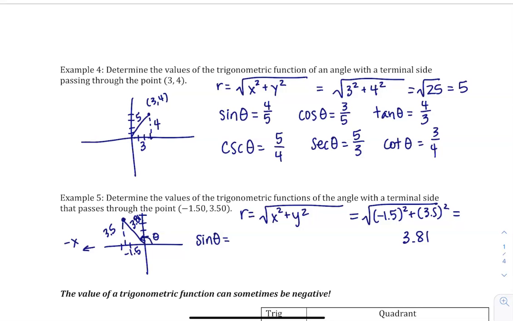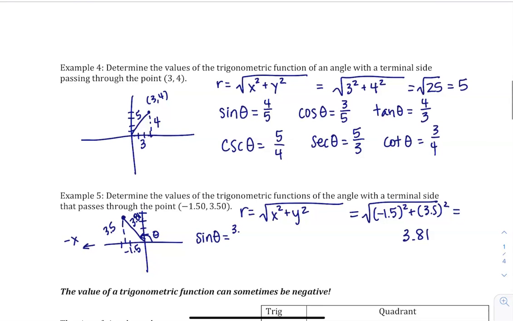But for right now, sine is y over r, so 3.50 over 3.81, and you can just leave it as a fraction. Cosine of theta is going to be negative 1.5 over 3.81, and tangent will be 3.5 over negative 1.5.